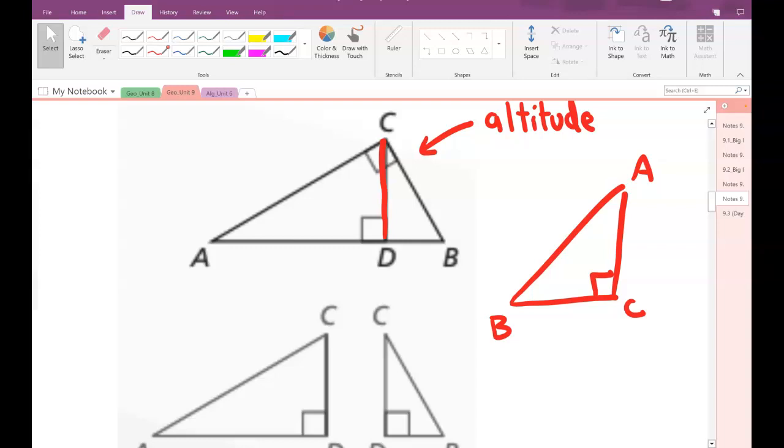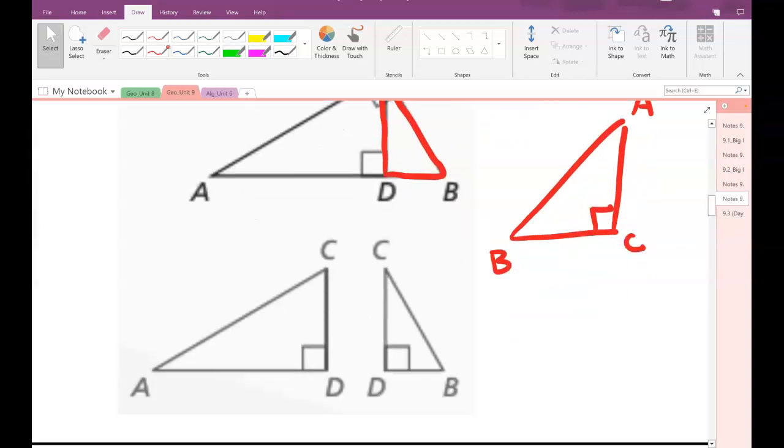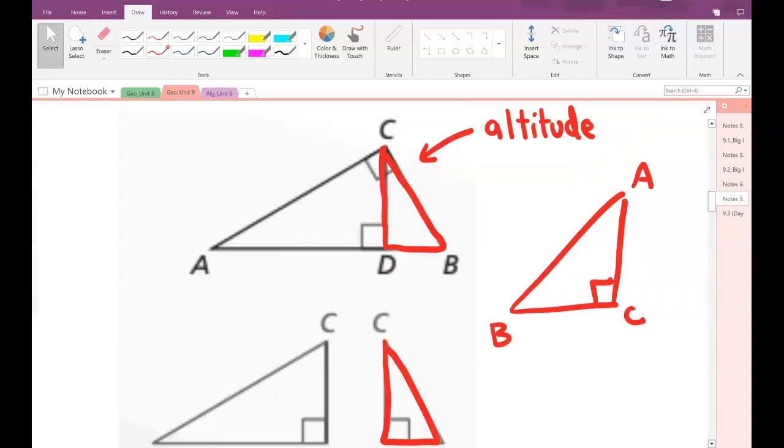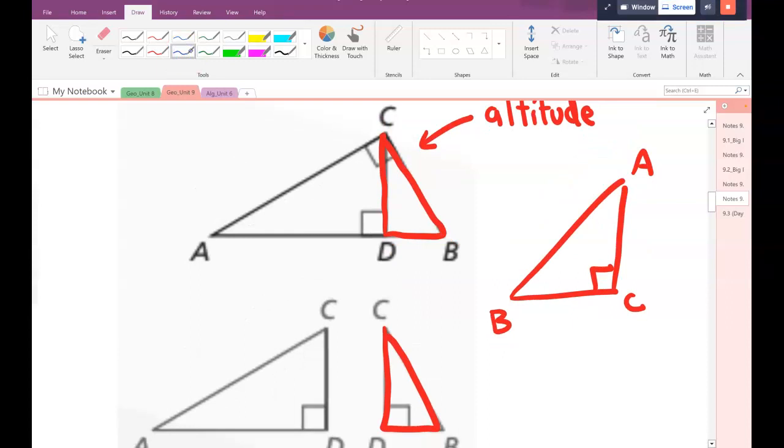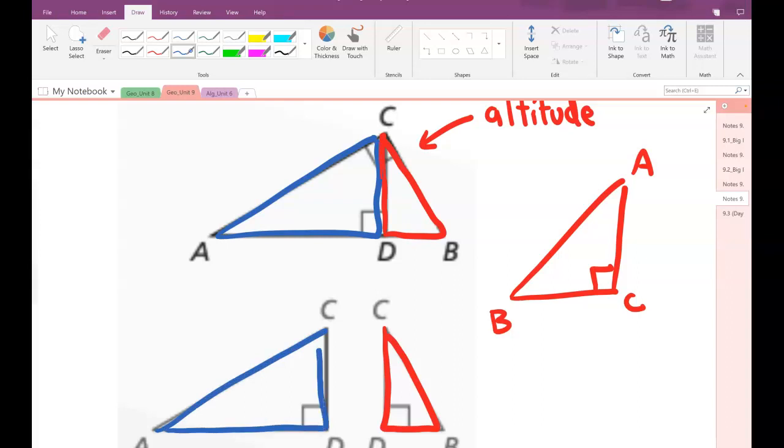When we draw this altitude, now we have triangle CDB, or CBD, in red, which is similar to our blue triangle CDA. And by similar, remember we mean that our sides are proportional and that all of our angle measurements are the same.